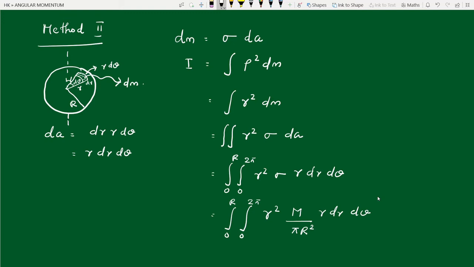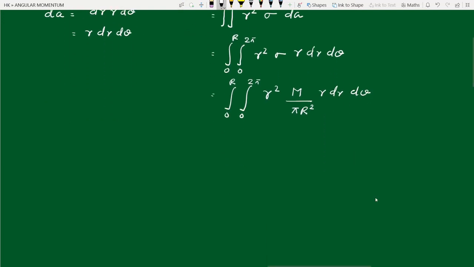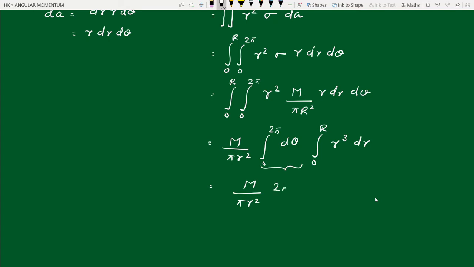Let's do this integration. Take the constant terms outside. M by pi R square is constant. 0 to 2 pi d theta, 0 to capital R, r square into r, that is r cube dr. This is what we have to find out. So we have M by pi R square, and the integral over d theta will give you 2 pi, and the integral over r cube will give you r raised to 4 by 4.